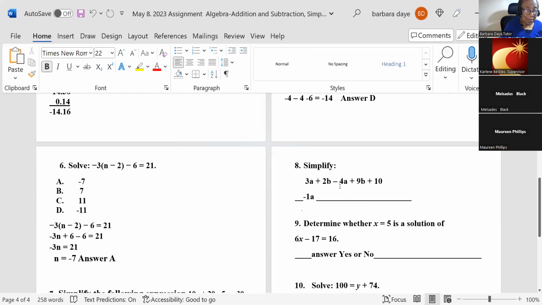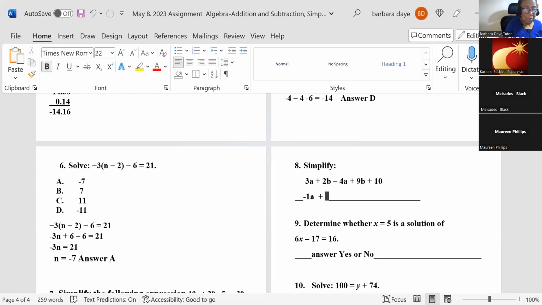Okay, so you got the a terms combined. Now you have the b's. What do you get for the b terms? 2b plus 9b.